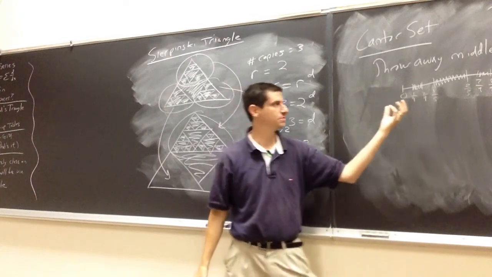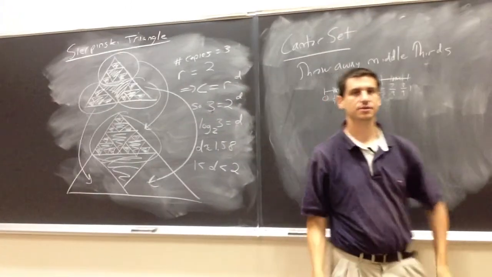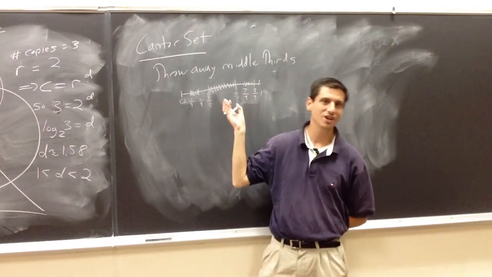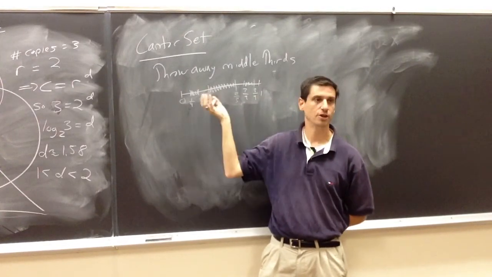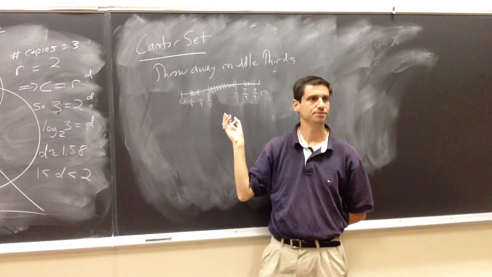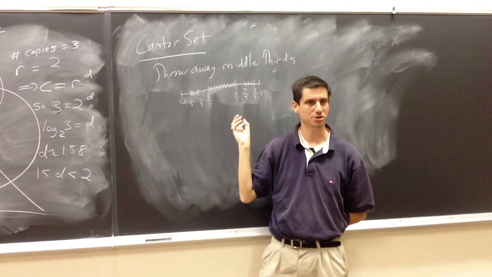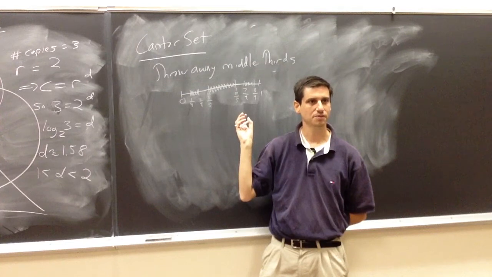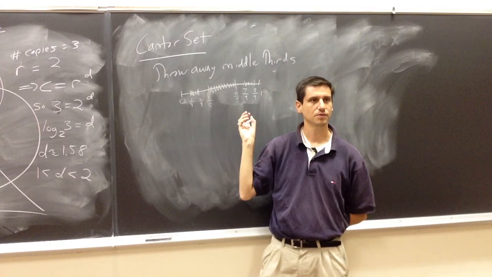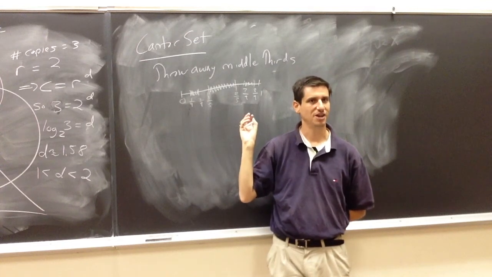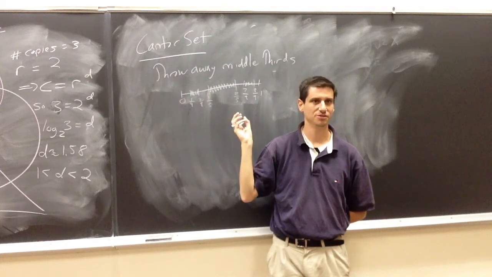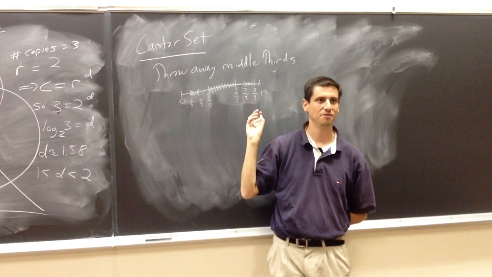What should the dimension of this be? Where should it live between? It should live between 0 and 1. Okay, so you'll just calculate this. What base do you think will matter when you do the logarithm calculation? So which base? I heard 3, I heard 2. I heard 1.